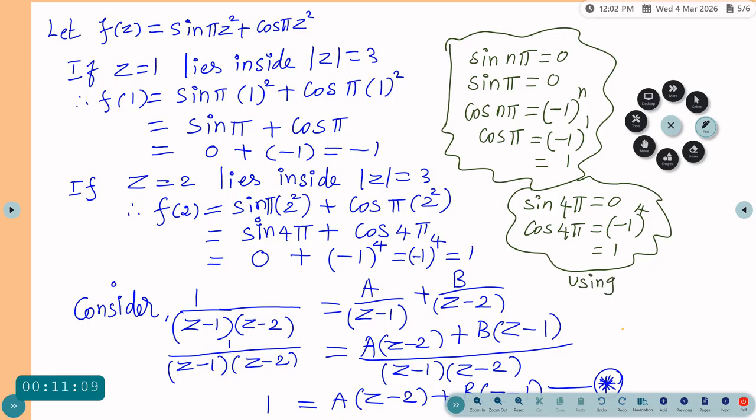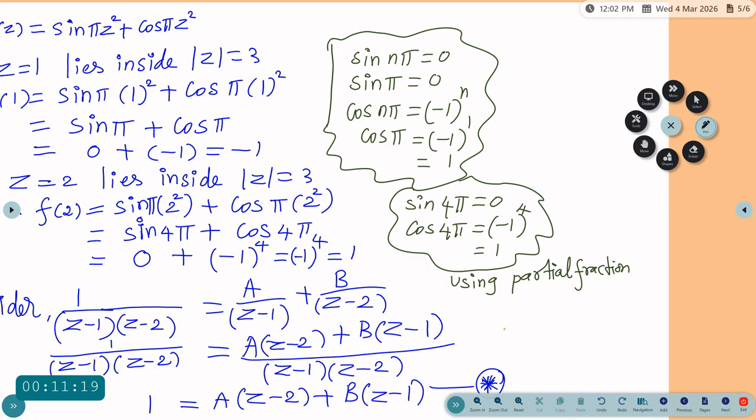Using partial fraction, we can write a divided by z minus 1 plus b divided by z minus 2. In RHS, a divided by z minus 1, so we multiply z minus 2 on numerator and denominator term.